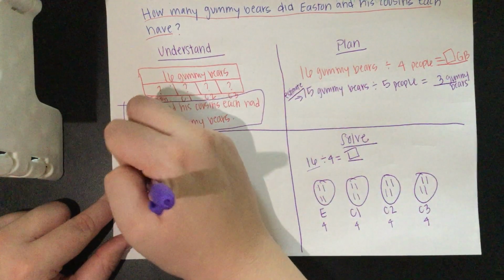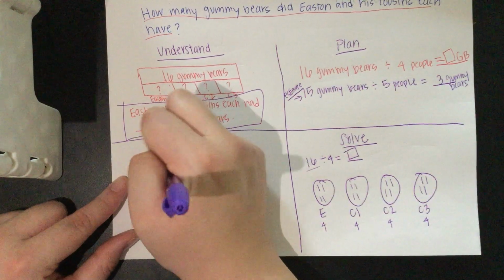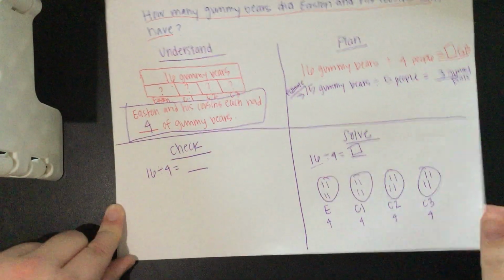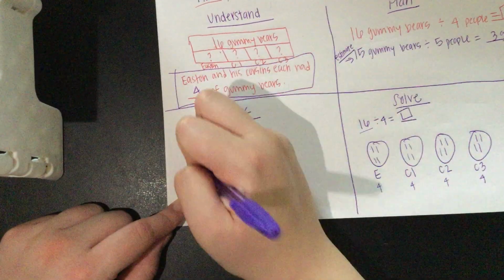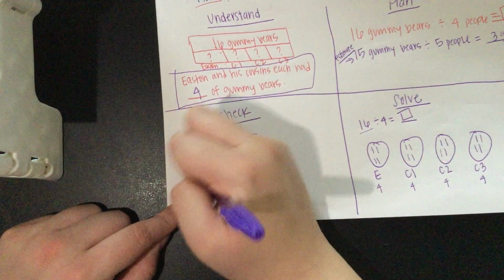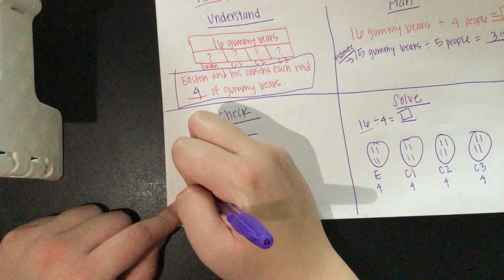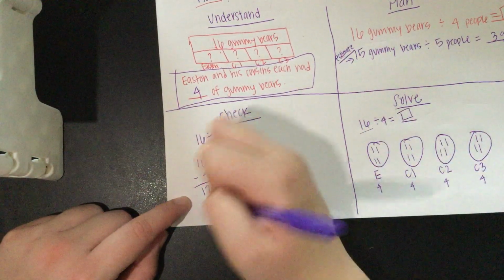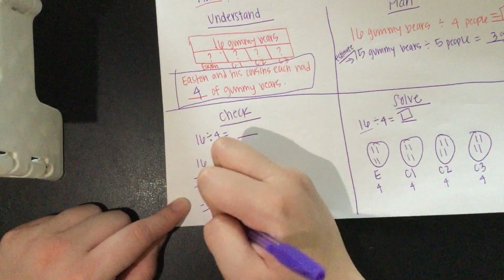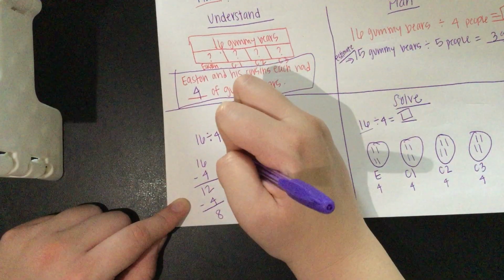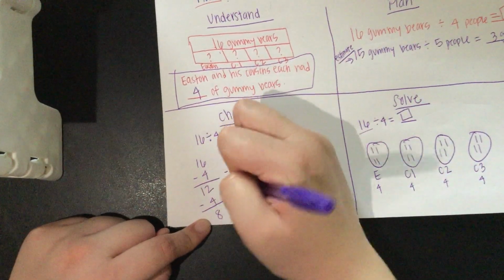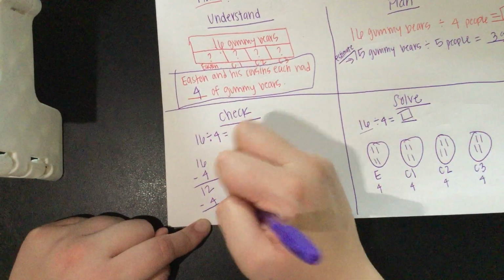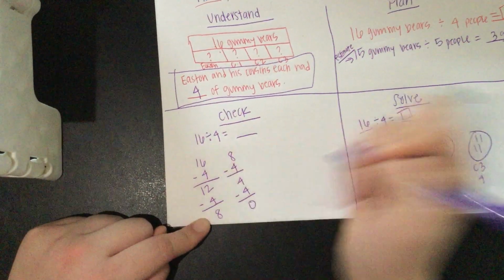So I'm going to do 16 divided by 4 equals something, but I'm going to do repeated subtraction, okay? So 16 minus 4 is 12. 12 minus 4 is 8. 8 minus 4 is 4. 4 minus 4 is 0.